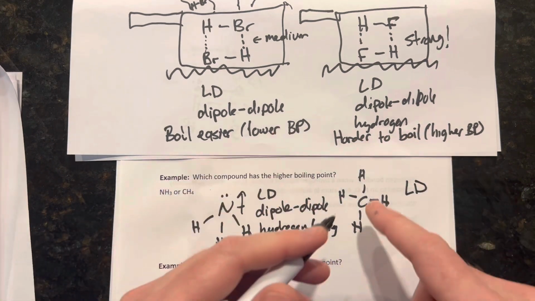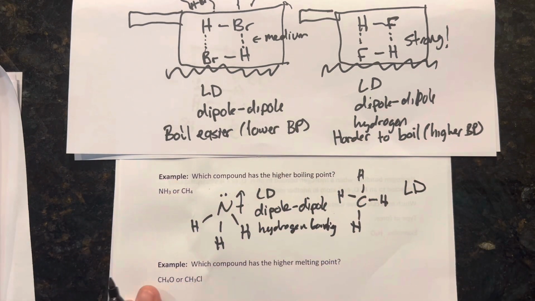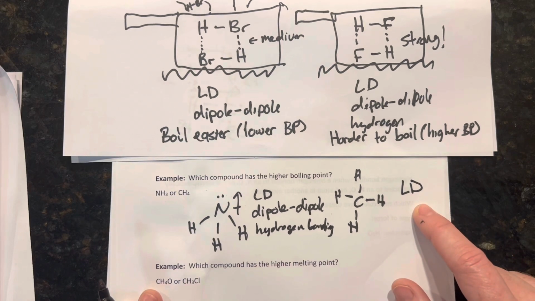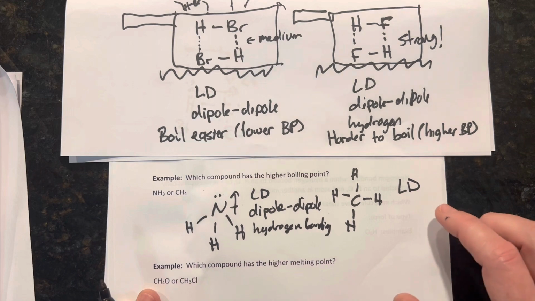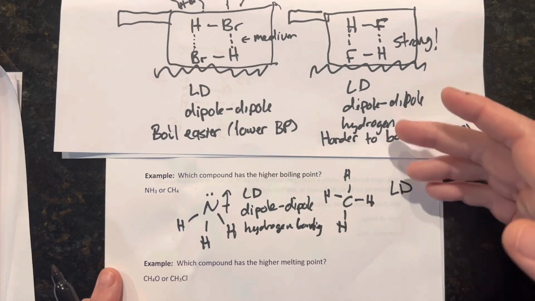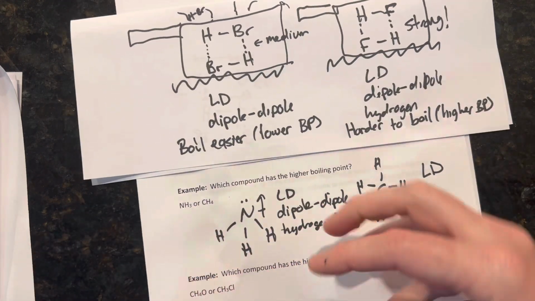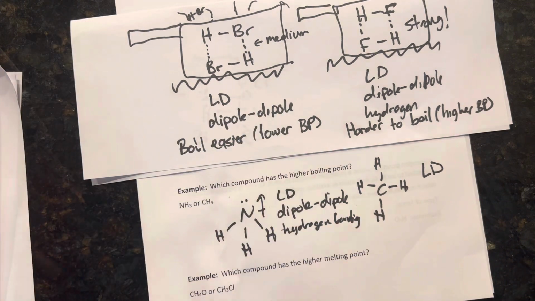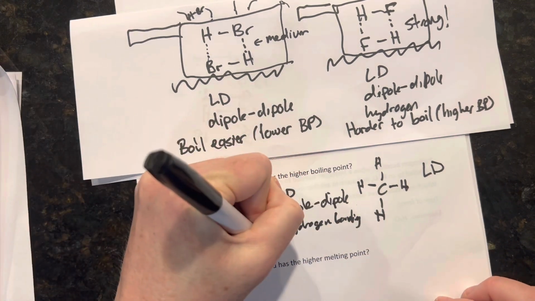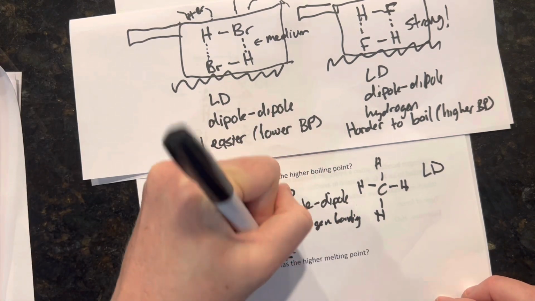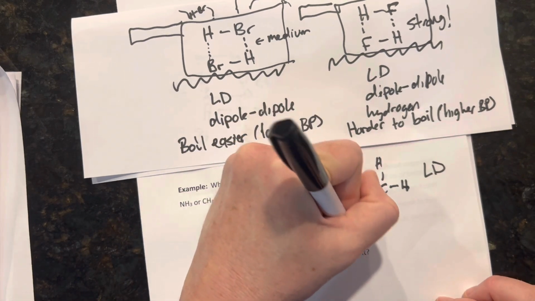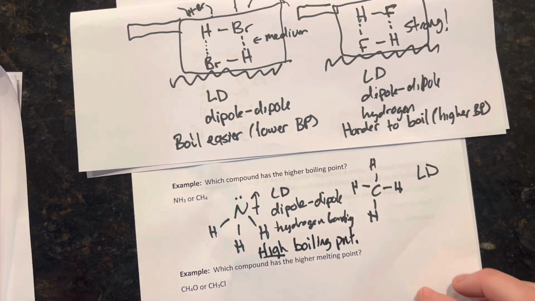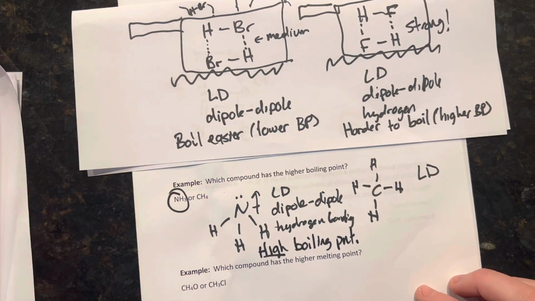All these, remember, carbon-hydrogen bonds are not polar. So it doesn't have any dipole-dipole, and it doesn't have any hydrogen bonding. So this only has London dispersion, meaning this one has the most things holding it together, so it won't want to boil. And therefore, this will have a high boiling point. It'll take a lot of energy to make it boiling. And NH3 would be your answer.